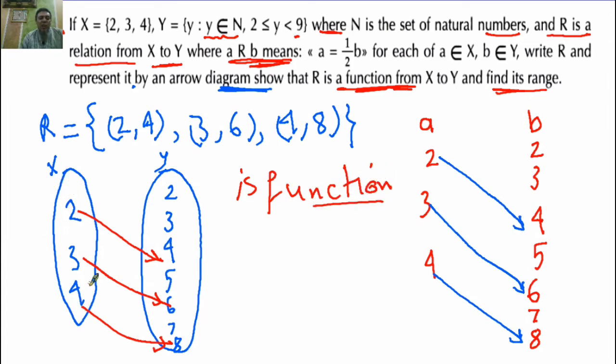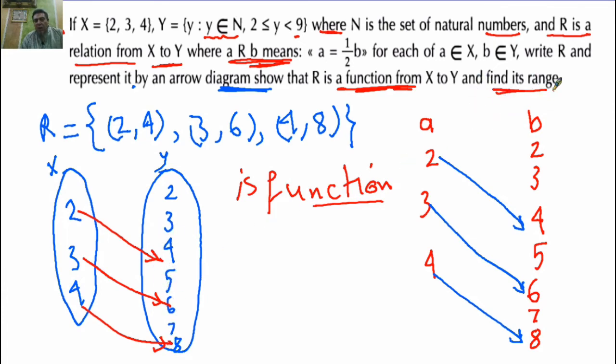Because each element in x is connected to one and only one element in y. 2 appears with 4, 3 appears with 6, 4 appears with 8. This is why R is a function from x to y, because each element in x is connected with one and only one element in y.